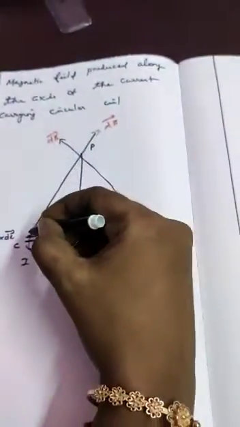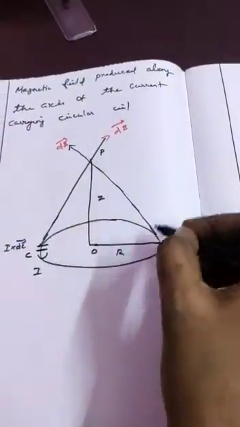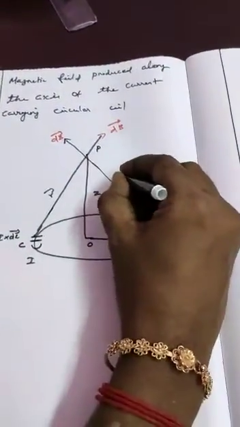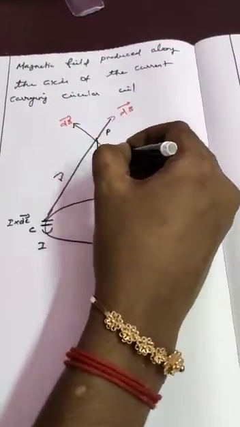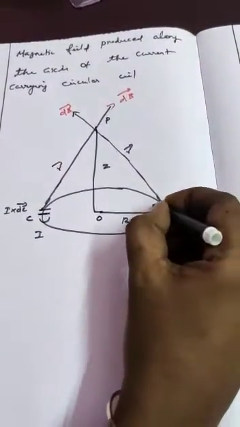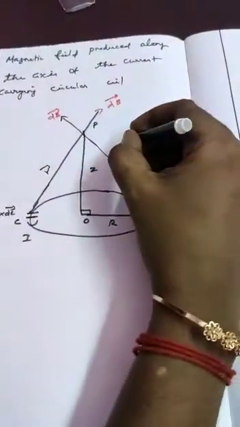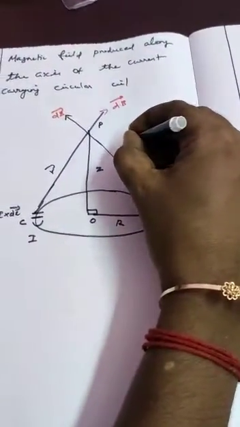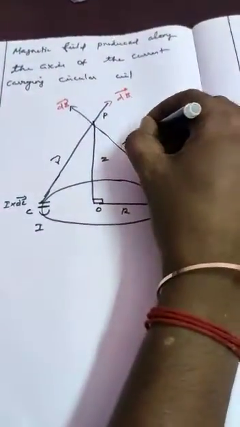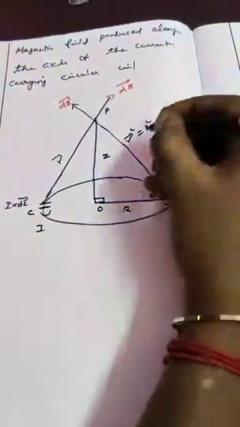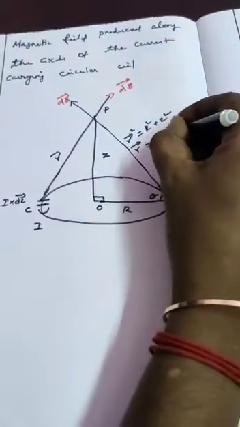And the line joining point C and P, and the line joining D and P, is going to be the r vector. And the point P is making angle theta with D. So now it's a right angle triangle, and the hypotenuse can be found as capital R square is equal to R square plus Z square, so r vector alone is equal to root of R square plus Z square.